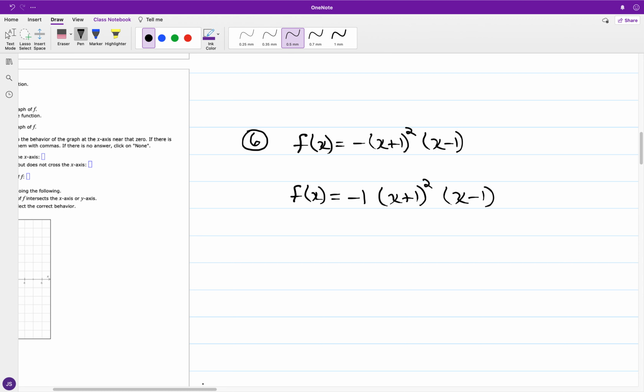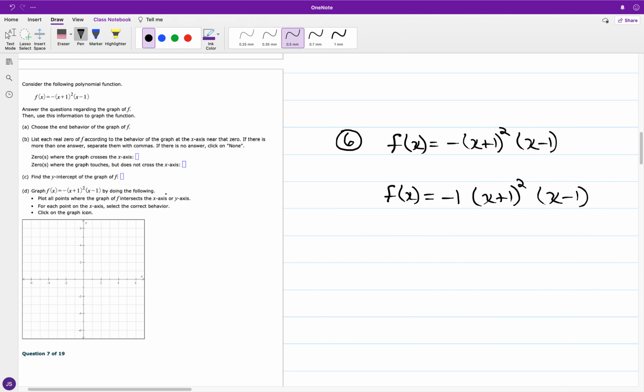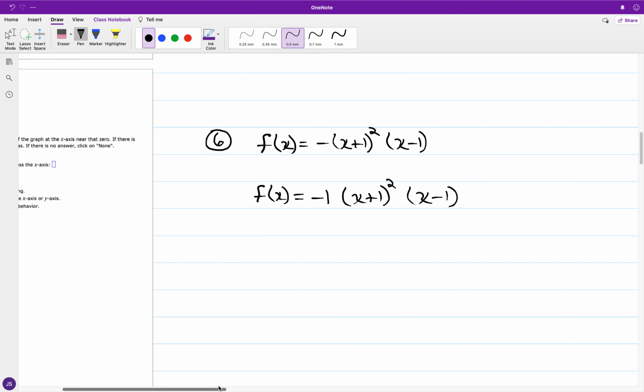And the reason I'm rewriting this is I'm looking at the end behavior. I don't care to multiply out all the terms, but I need just the highest order term to define the leading coefficient as well as the degree of the function, so as to be able to determine the end behavior.